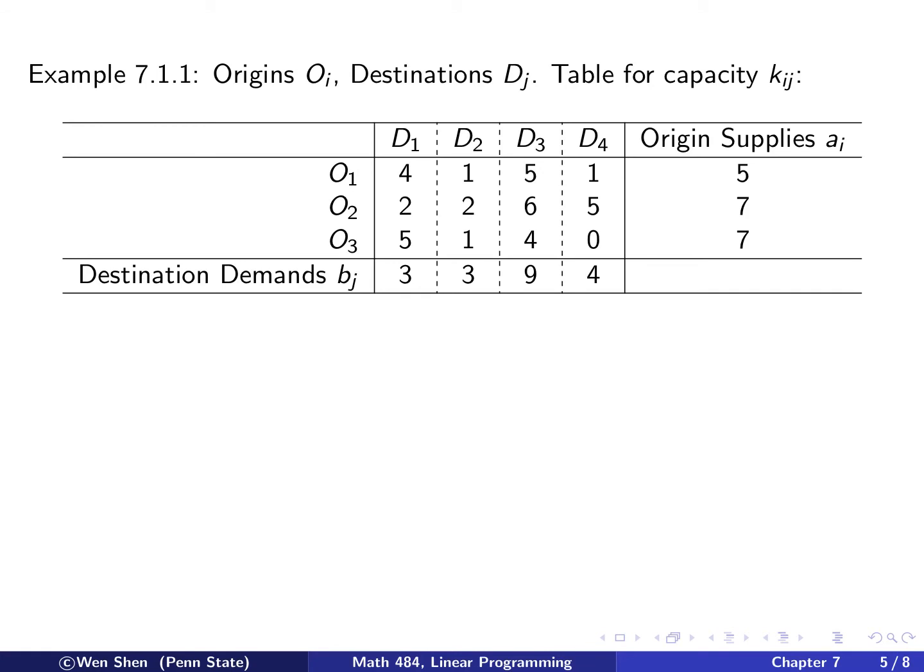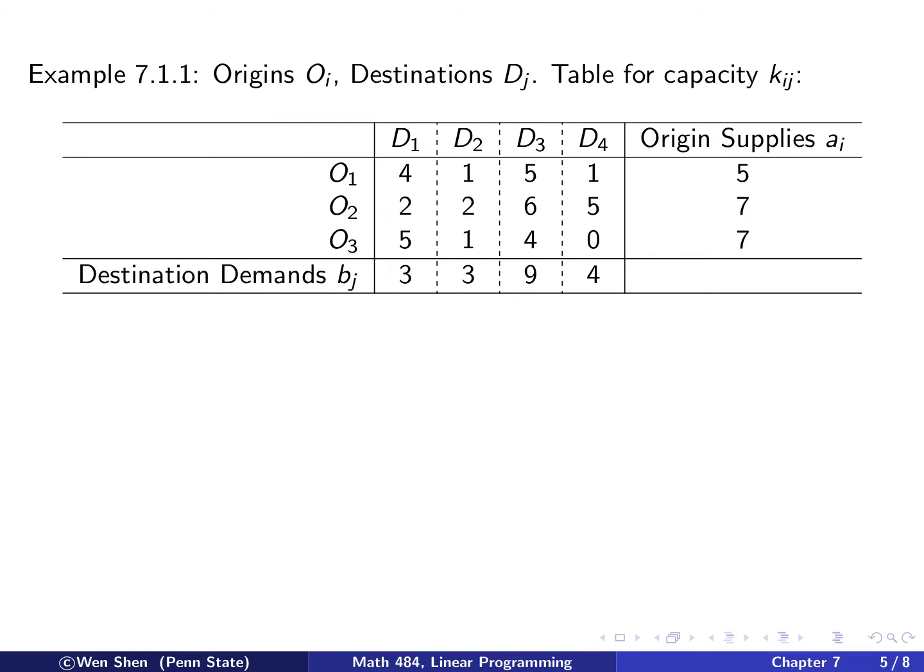Okay, so this is our first example for the distribution problem. Following our notation, Oi is the origin, Dj is the destination, and here is the table for capacity, the K. These are the destinations, and here the origins, so 3 origins and 4 destinations.